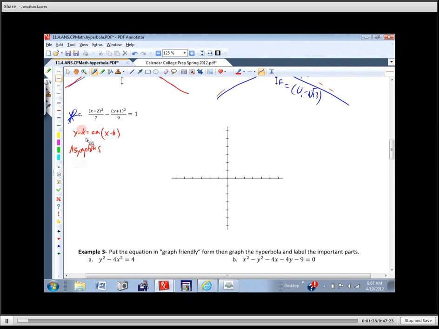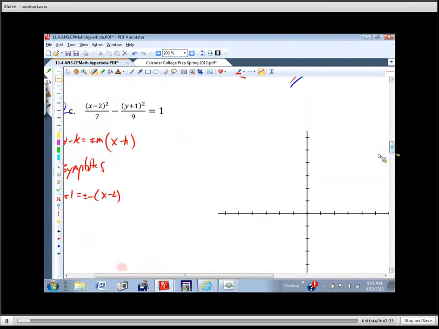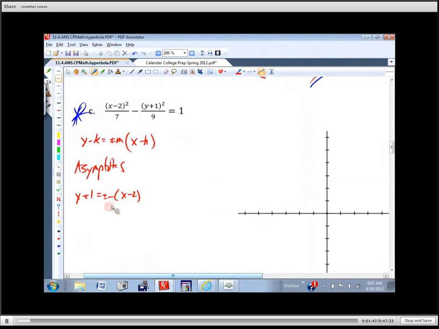So this is going to be y plus 1 equals, okay, then I'm going to write the x minus 2, and then I'm going to figure out what number this is. Rise, is that right or left or up or down? Up and down, right? So which variable do we look underneath?